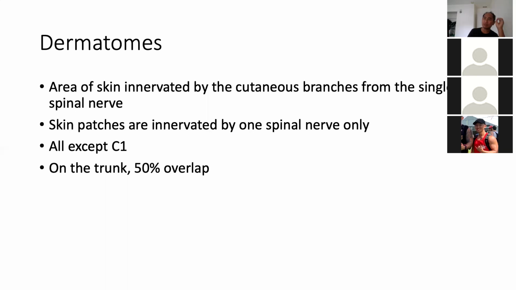So dermatome is the particular area of the skin supplied by the particular cutaneous branch from the single spinal nerve, single, one and only spinal nerve. The skin patch area innervated by one spinal nerve only. So all the spinal nerve roots except C1 will give dermatomes. Of course, there will be overlap on our body.